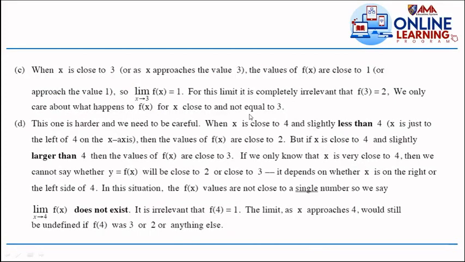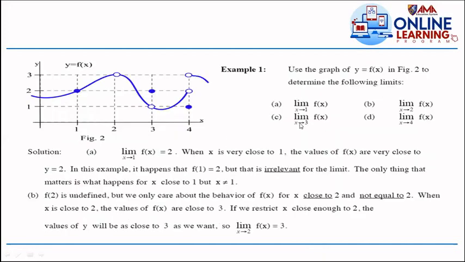Next, when x is close to 3 or x approaches the value 3, the values of the function of x are close to 1 or approach the value 1. So the limit of the function of x as x approaches 3 is equal to 1. For this limit, it is completely irrelevant that the function of 3 is equal to 2. We only care about what happens to the function of x for x close to and not equal to 3. So ito yung letter C po natin.